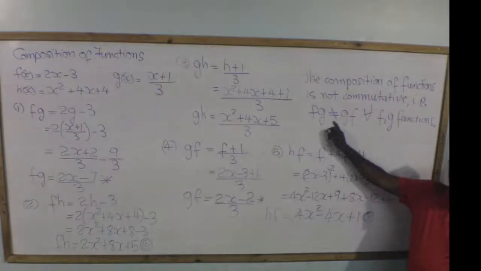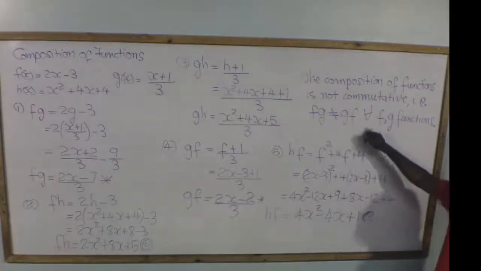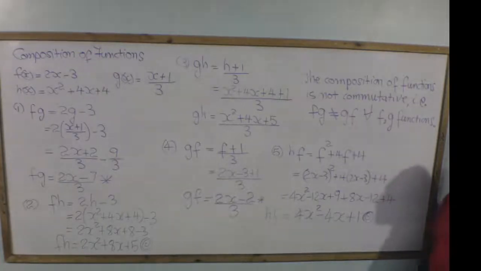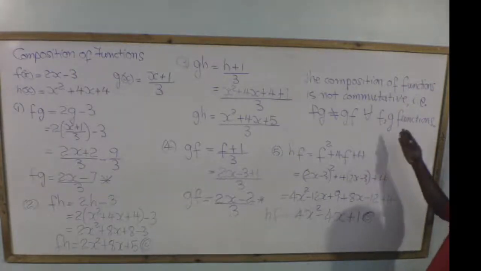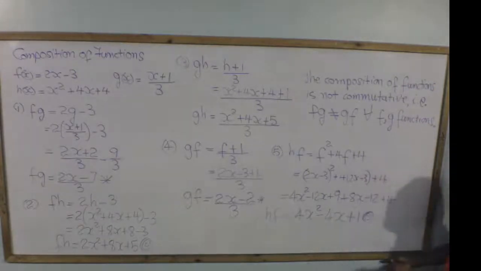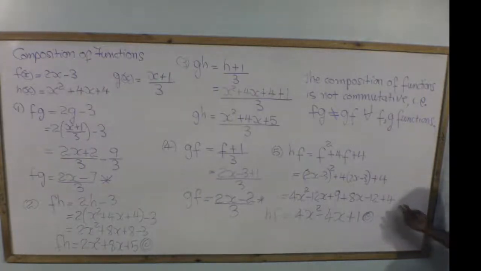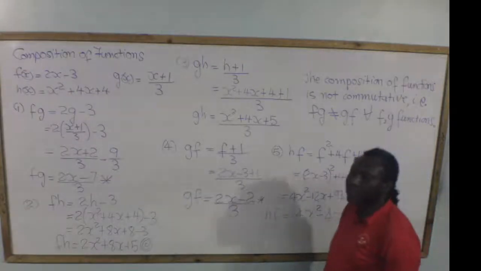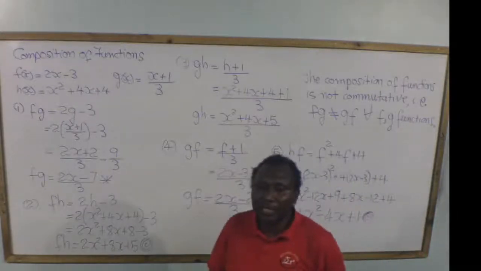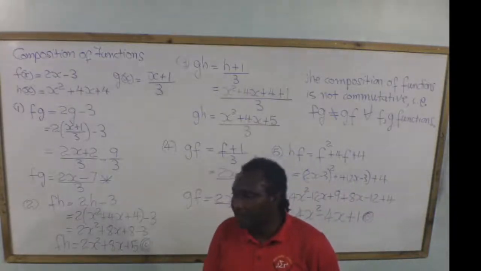Of course we are familiar with this symbol, not equal to, but this one might be new. For every or for all. So the composition of functions is not commutative. That is, f of g is not equal to g of f for every f and g functions. Right. So the composition of functions is not commutative.